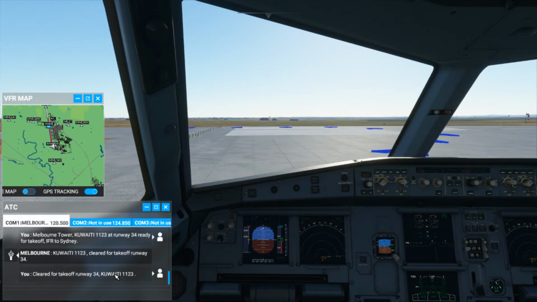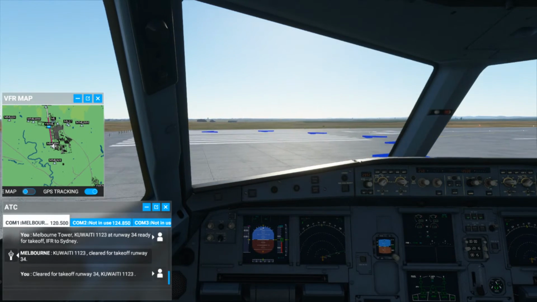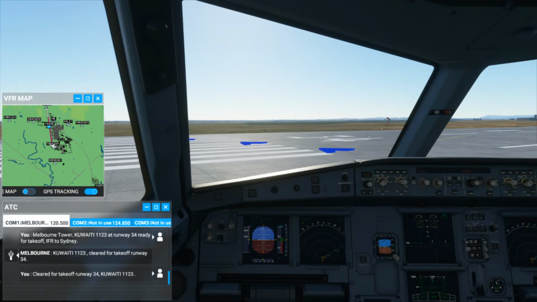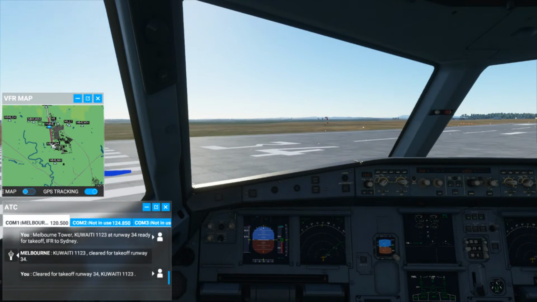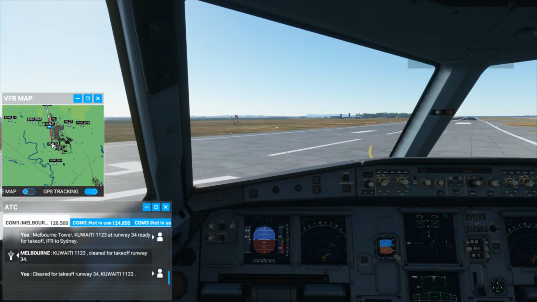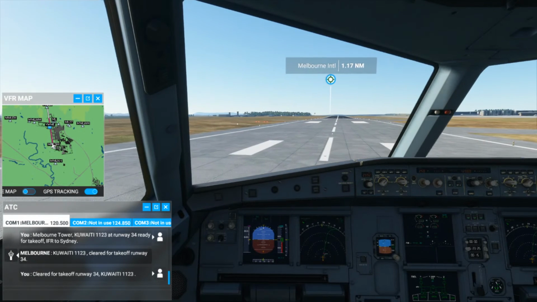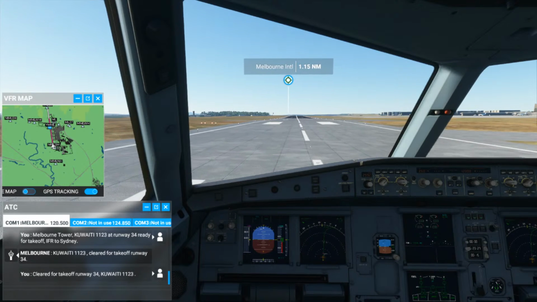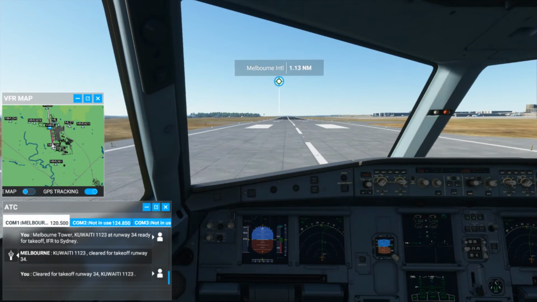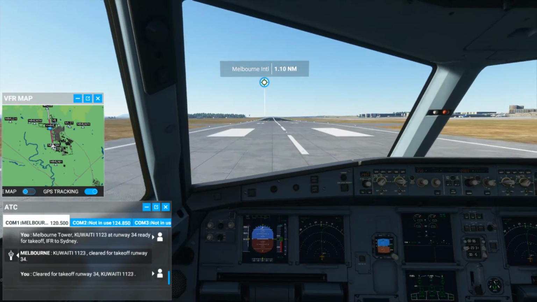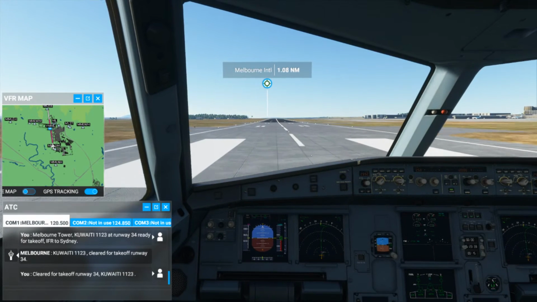Cleared for takeoff runway 34, Kuwaiti 1123. We are ready to take off. Here we go.